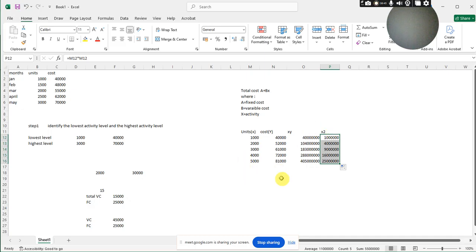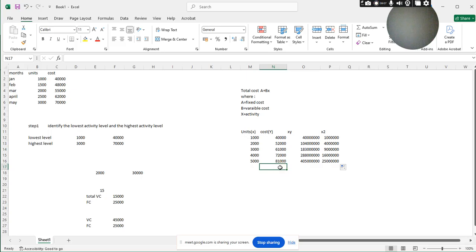Now we have gotten our variables for B, because from the formula we have summation of xy. This xy, the summation total, right here.